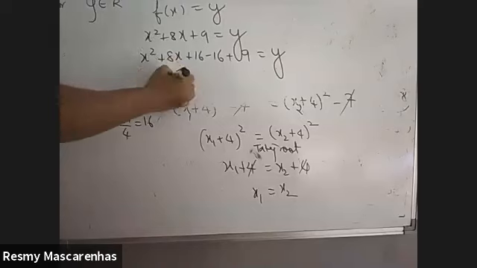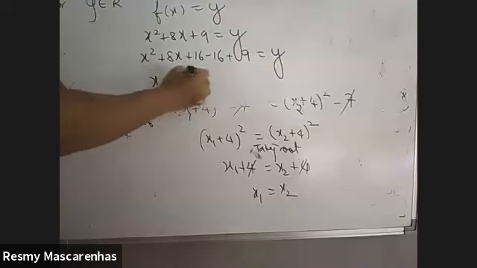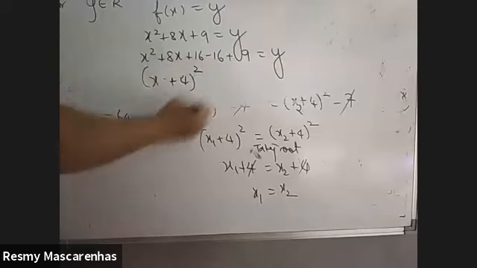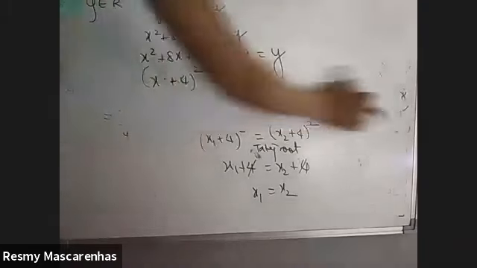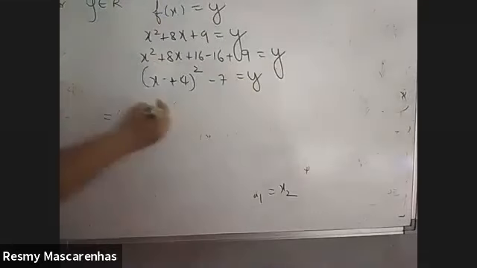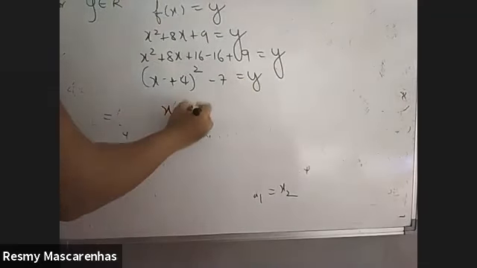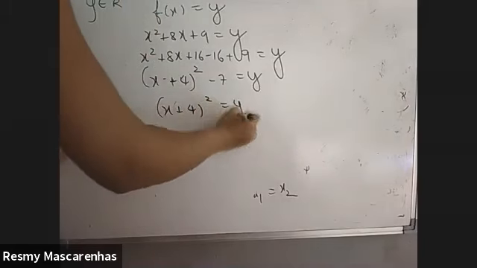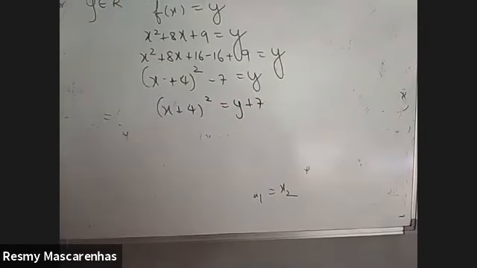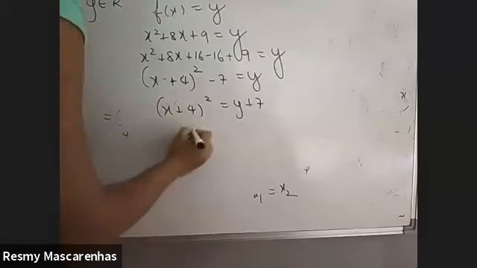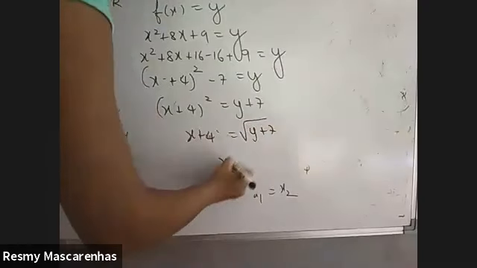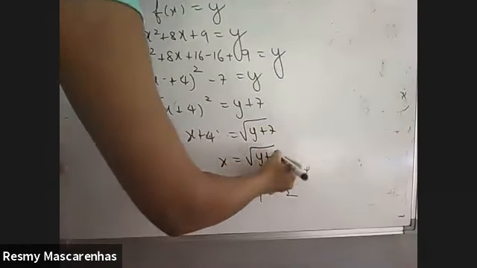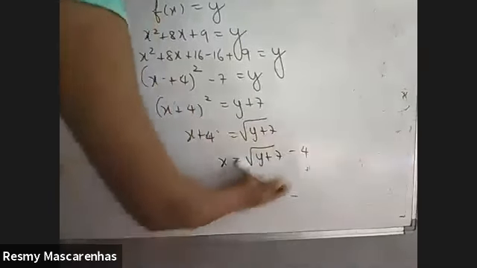So this will be x plus 4 the whole square. Okay, and now this will be y plus 7. x will be y plus 7 minus 4.